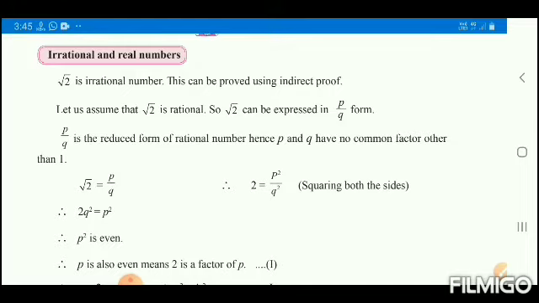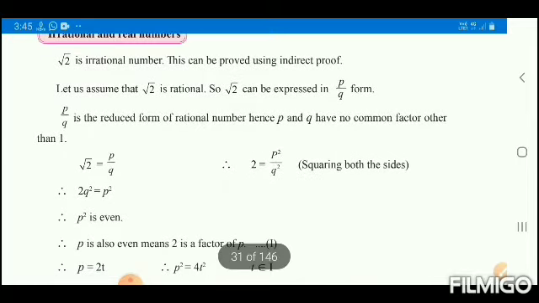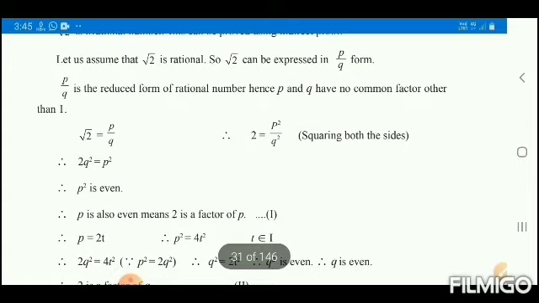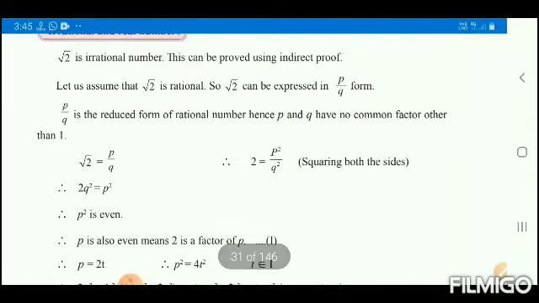If root 2 is a rational number, then it is in the form p upon q or m upon n, means it is in fraction form. And here the condition is that the denominator should not be 0. We can write this number in the form of a fraction p upon q. Now p upon q is the reduced form of a rational number.